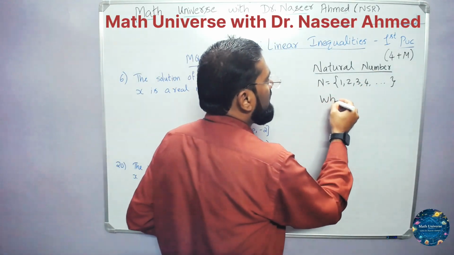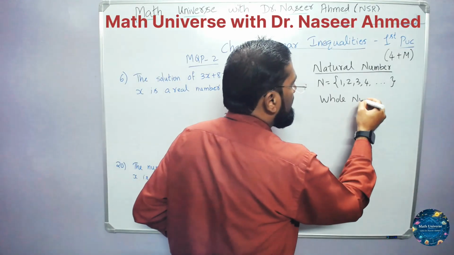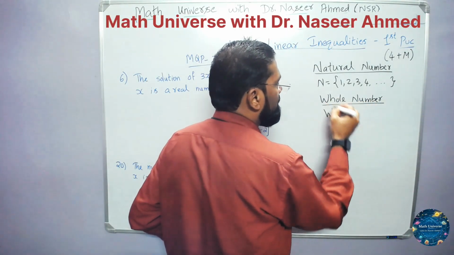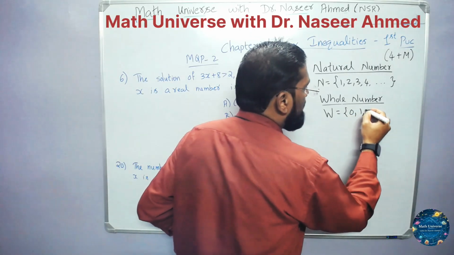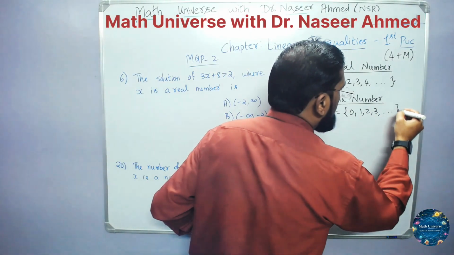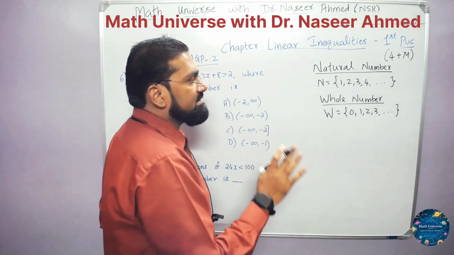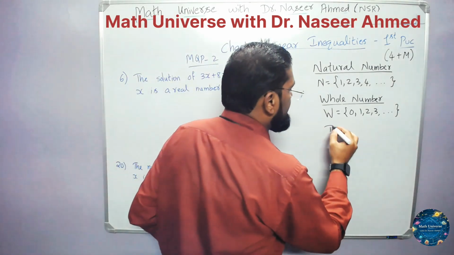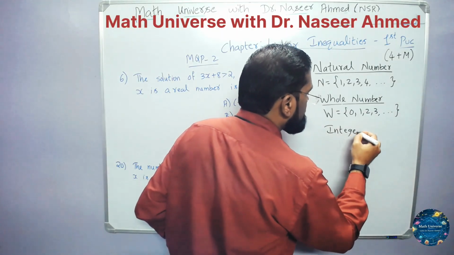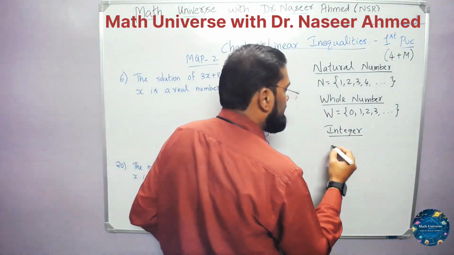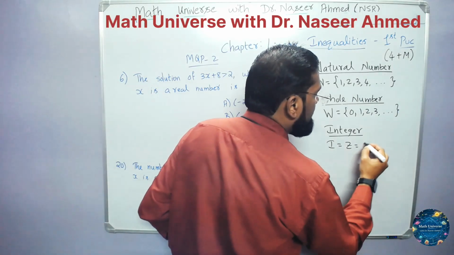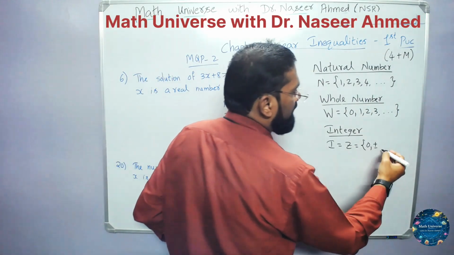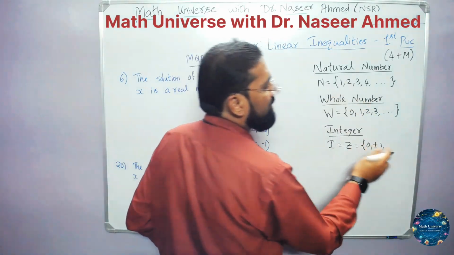Next is whole numbers, denoted by capital letter W, and it starts from 0, then 1, 2, 3 and so on. It's an infinite set. In chapter 6 we have discussed this. Next is integers, which can be denoted by I or Z. These are counting numbers, I mean to say, having negative as well as positive natural numbers, including 0.